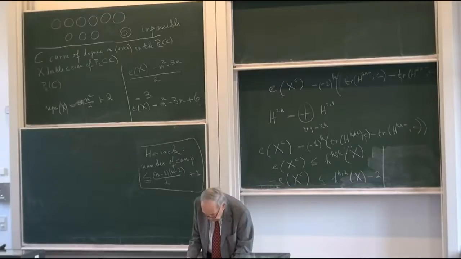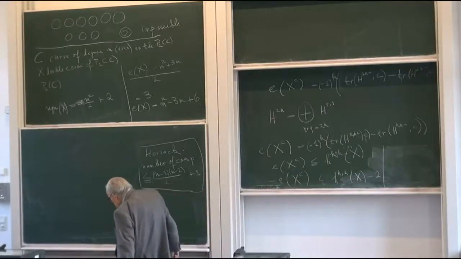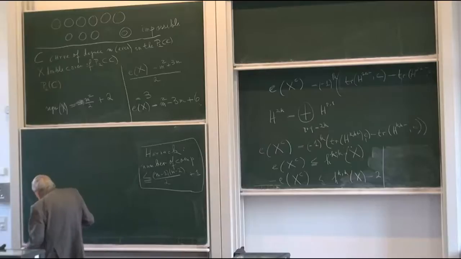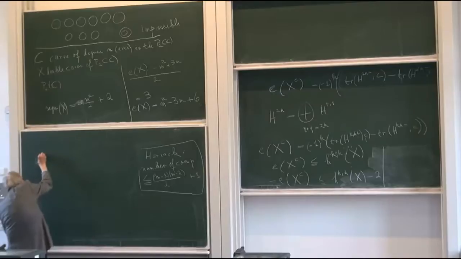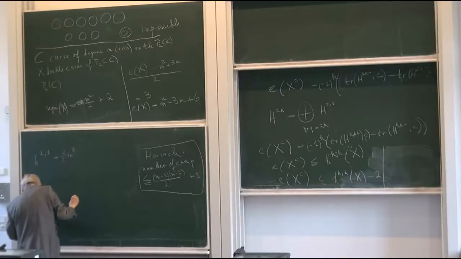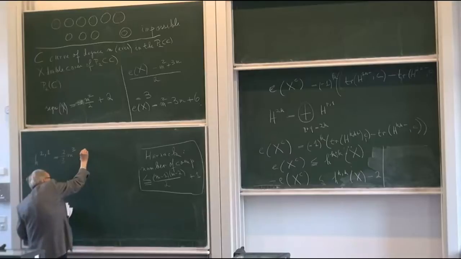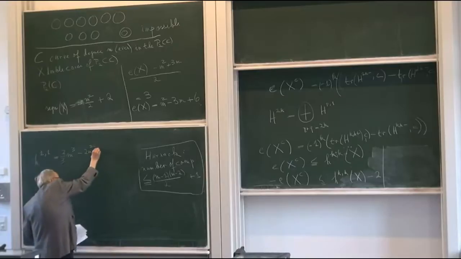It's very well known. It is equal to 2/3 m^3 minus 2m^2 plus 7/3 m.